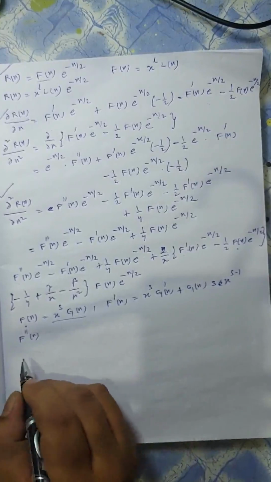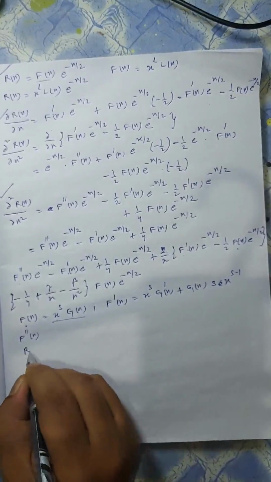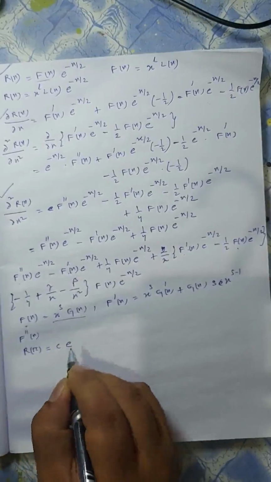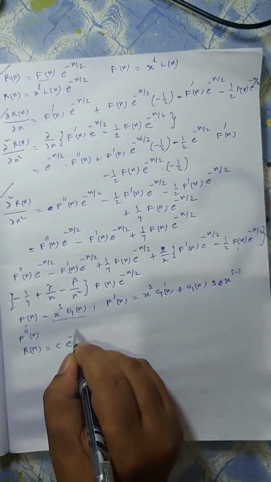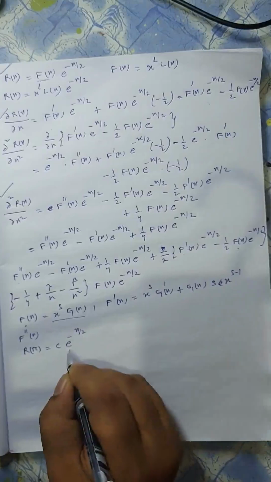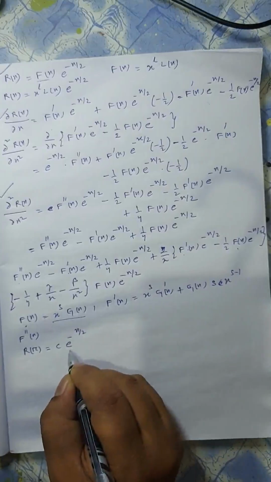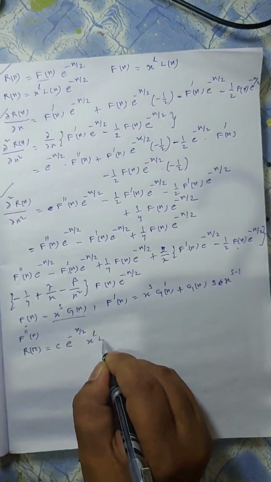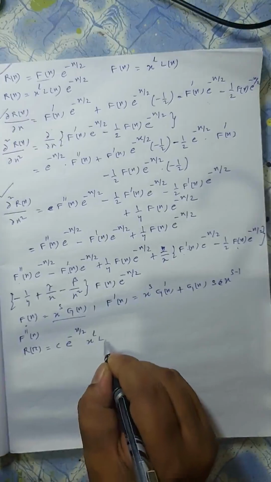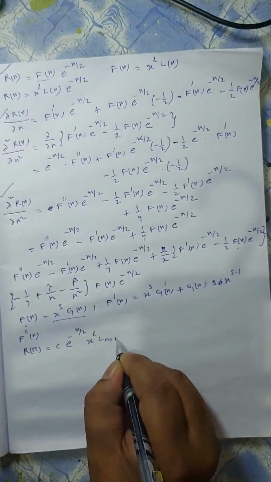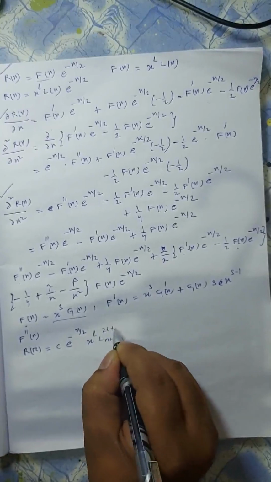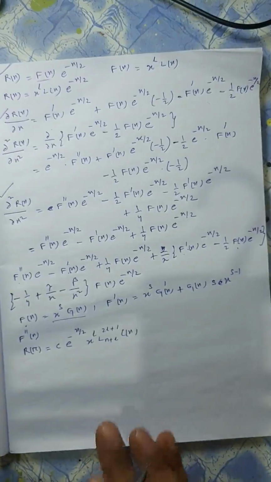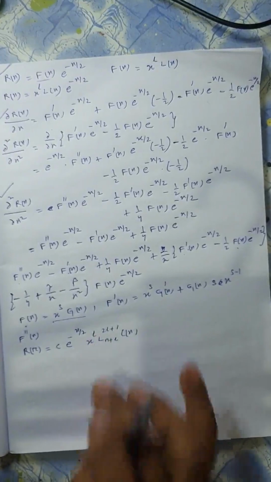And this r value, same process as the simple harmonic motion, you will get: C e to the power minus x by 2 from the asymptotic solution, and this x to the power l, then L(n plus l)(2l plus 1)(x), and this value, whatever we collect, is correct.